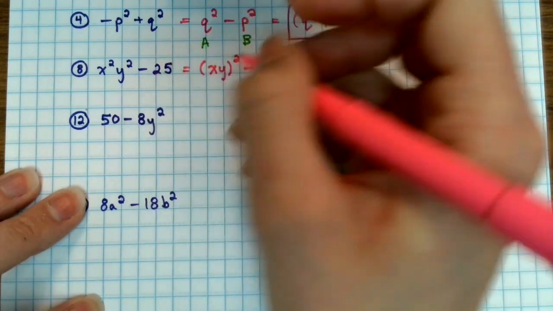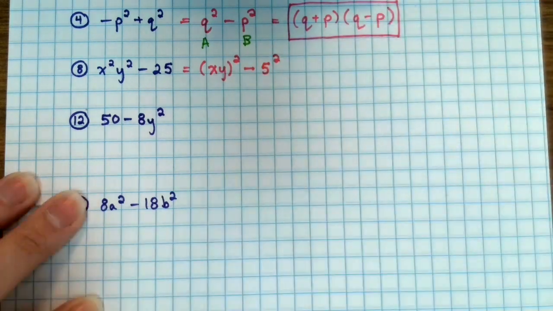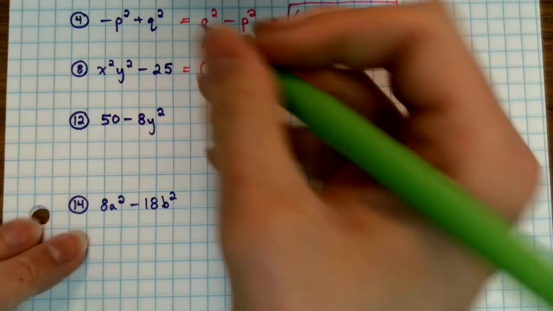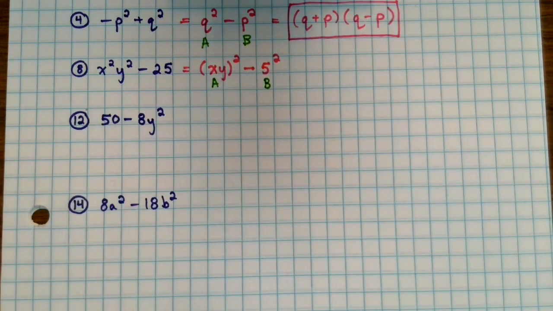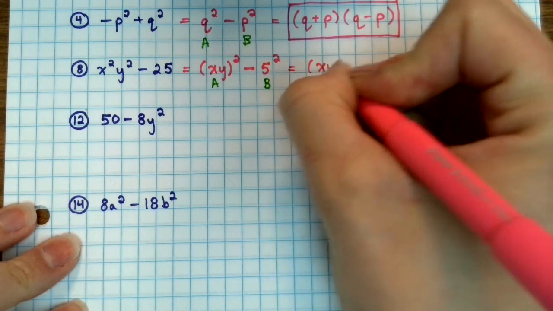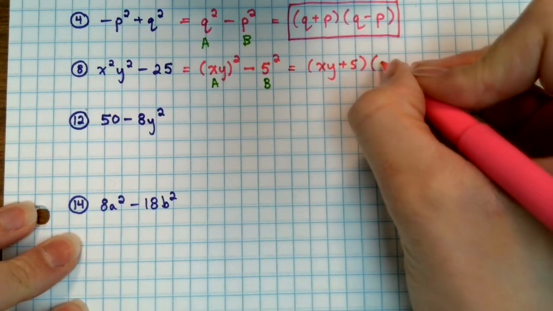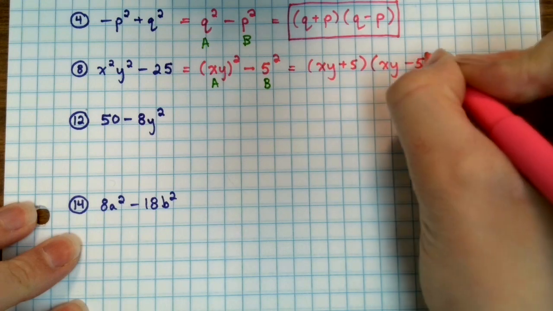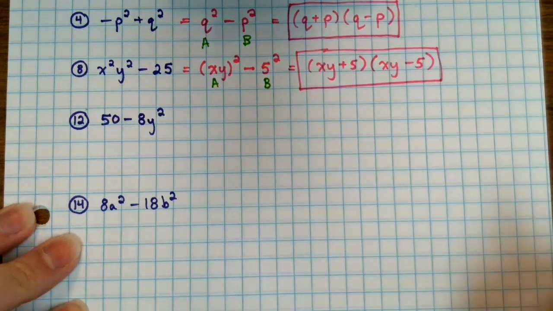Minus 25 written as something squared would be 5 squared. So now we can see, okay, this is our a value and this is our b value, and using our formula for difference of two squares, this is just going to be xy plus 5, so a plus b, times xy minus 5, a minus b. And that's as far as we can go with this question with factoring.